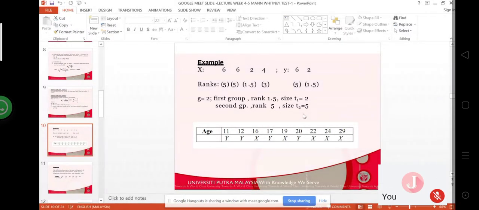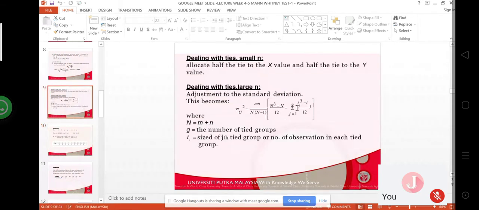What is the value actually? 3. Good. 1, 2, 3. It appears 3 times. I purposely wrote 5 so that you know to correct this. Okay, that's good. So now you can apply that to the formula here. G is equal to 2, t1 is 2.